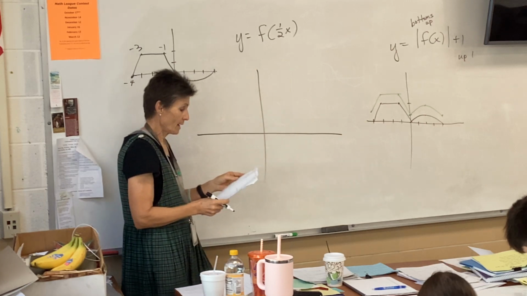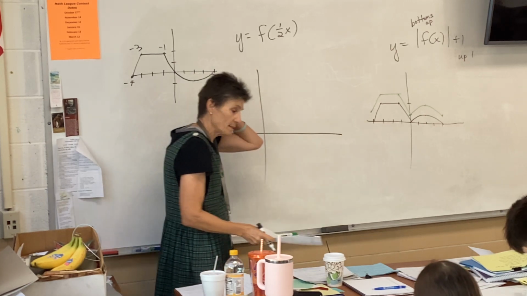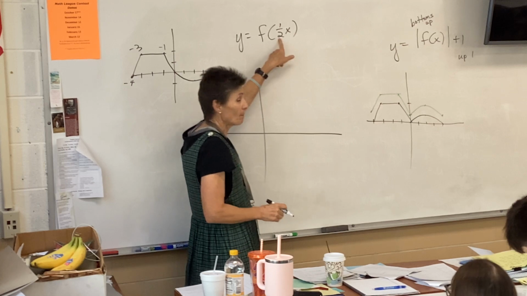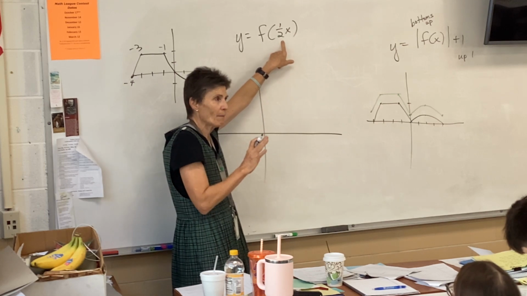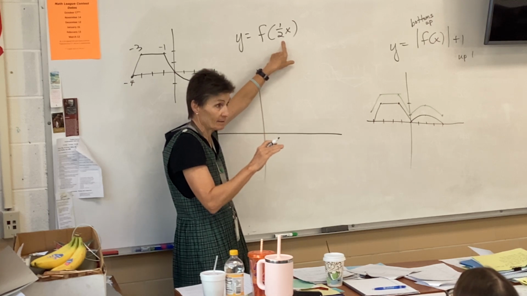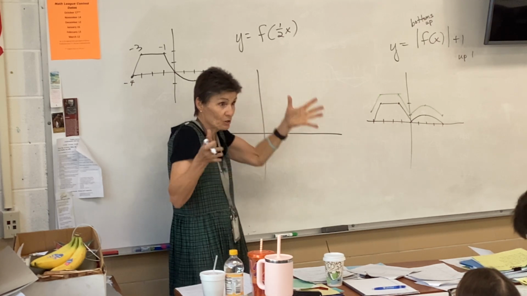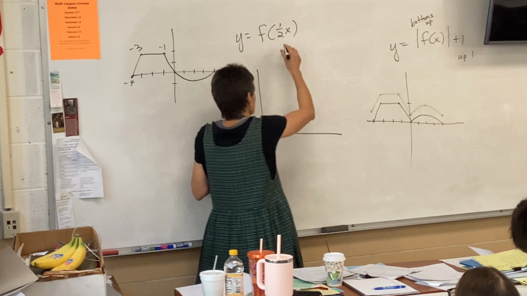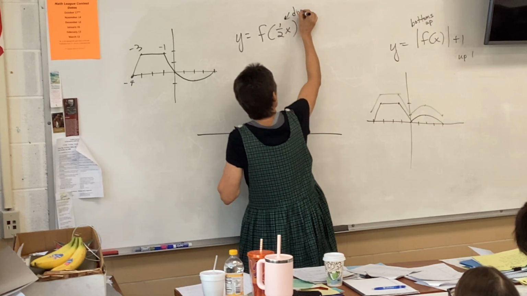Okay, we already did one kind of like this. What did we say that number's going to do? What does that impact? That impacts the width and it divides it. Remember when it was a 2, it divided it? So this is, we're gonna divide the width.